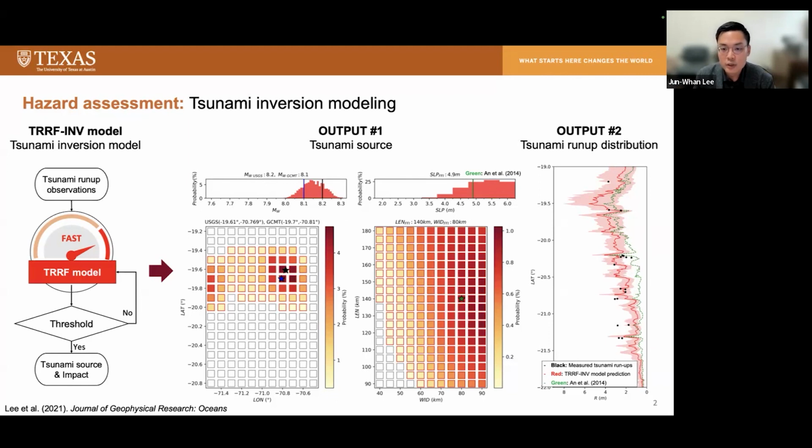And we considered those values as the true value. And there are green stars and the green line or the green dashed line, which are the other study results, which were estimated based on the offshore buoy data. And the results showed that our new inversion model prediction agrees well with the true value and shows even better performance in reconstructing the tsunami run-up distribution than the existing study.